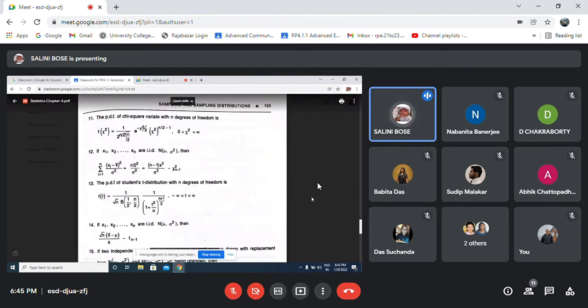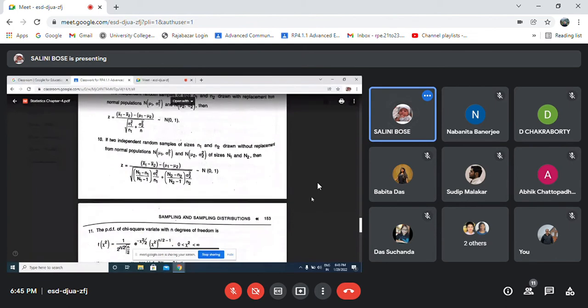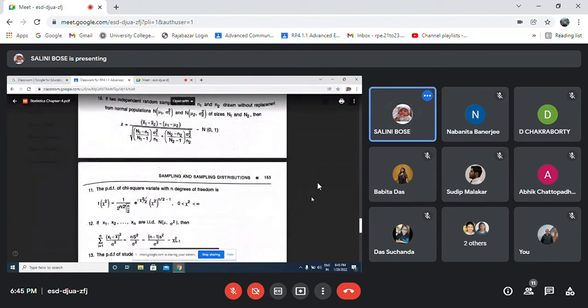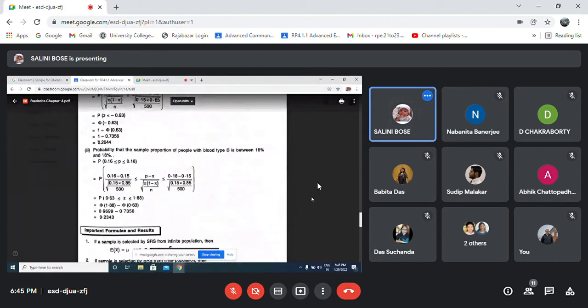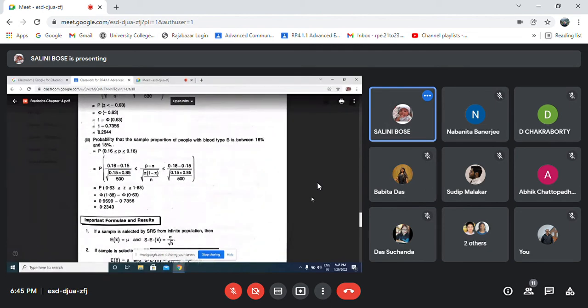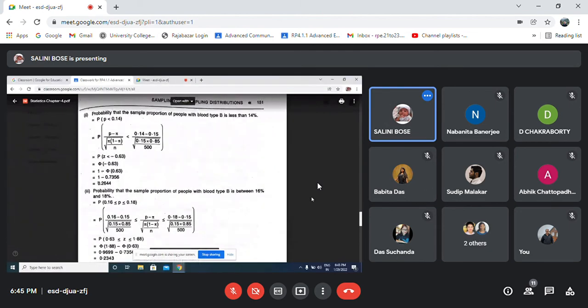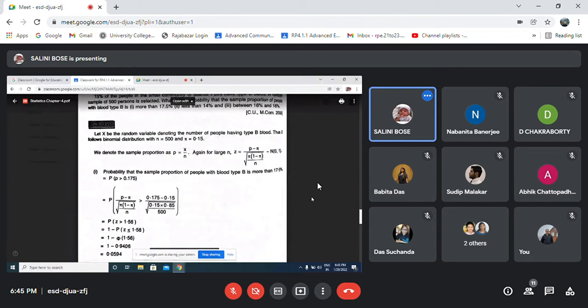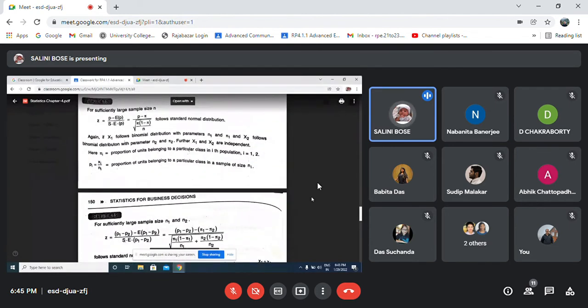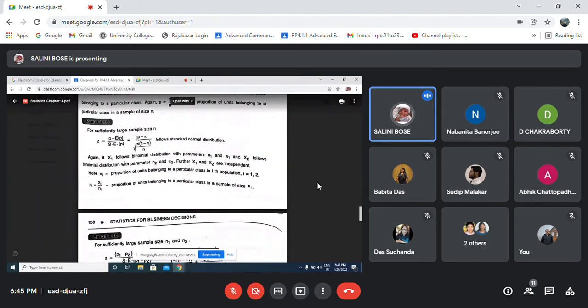By following those formulas you can easily write p minus expected value of p, because z is equal to x bar minus mu by standard deviation.